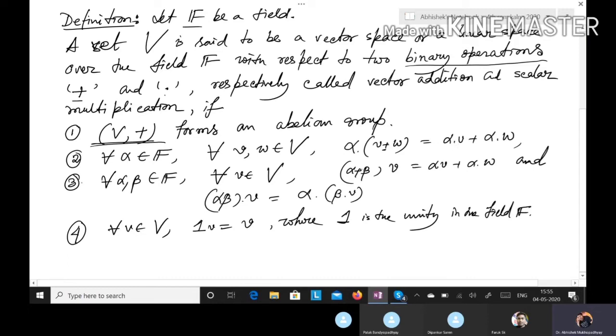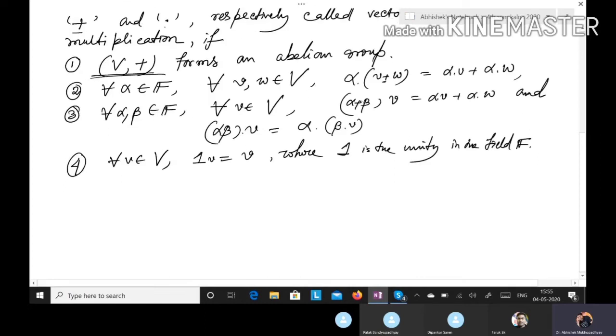And number 3 is that the field operations are compatible with the vector addition and scalar multiplication. And number 4 is 1V is V, that is, if we multiply the unity of the field F with any element of V, then it will go to V.